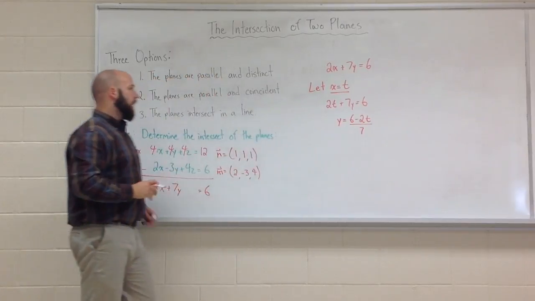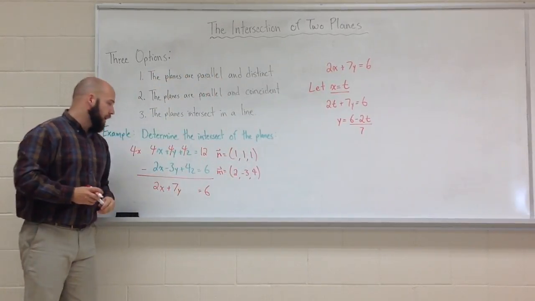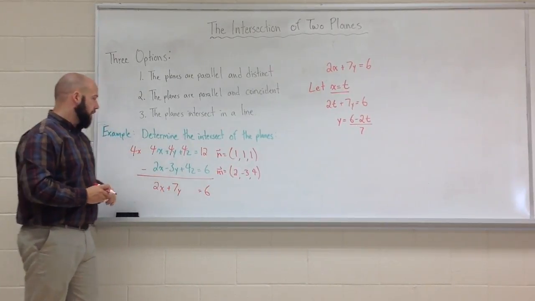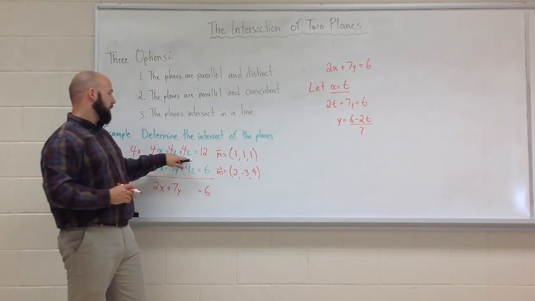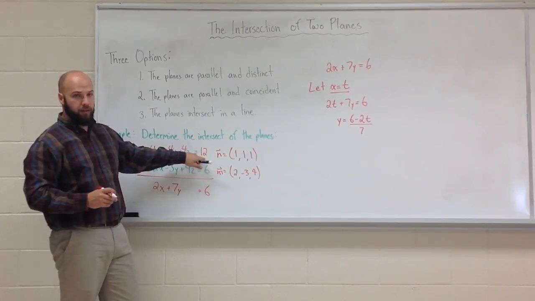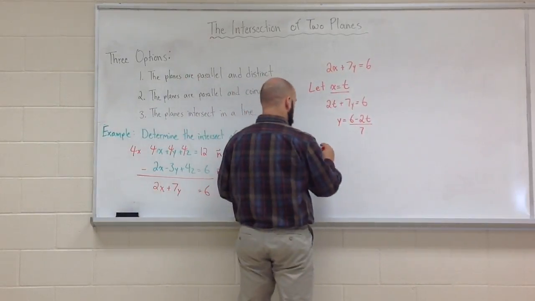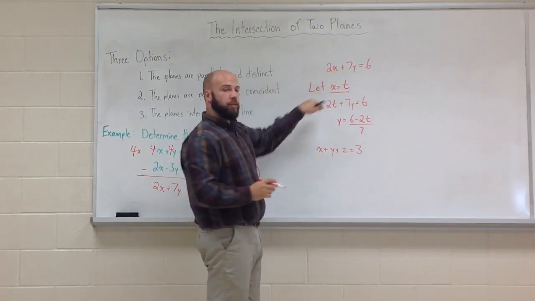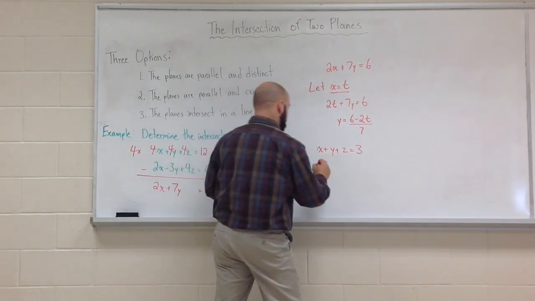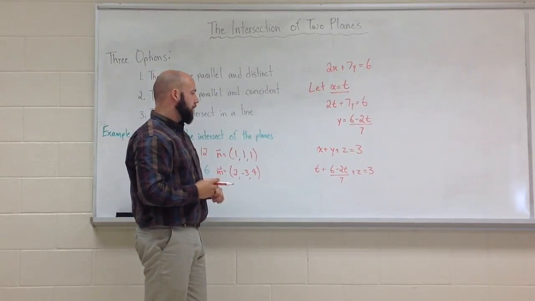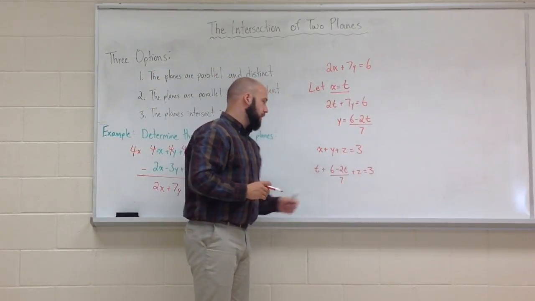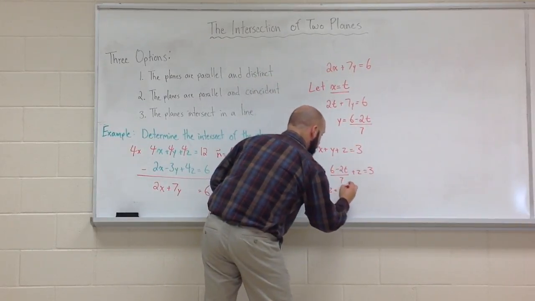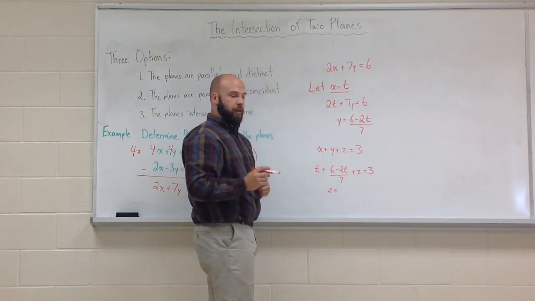We can plug those values, our x and our y, back into one of our equations to find our z. I'm going to use x plus y plus z equals 3, and plug those values in to find z. So what we're going to have to do is move everything over to the other side. So z will equal 3, and I'm going to put everything over 7.